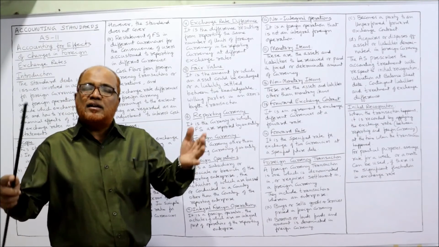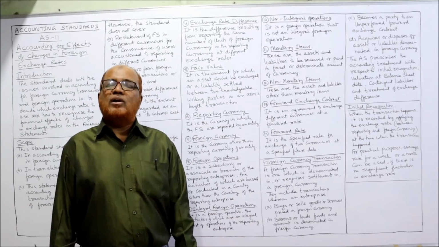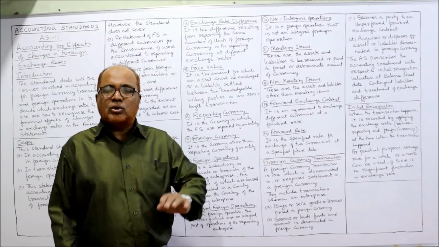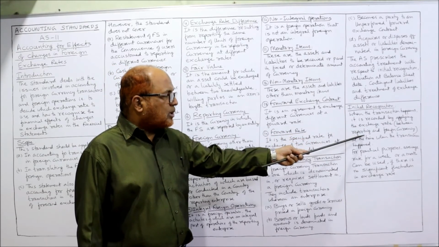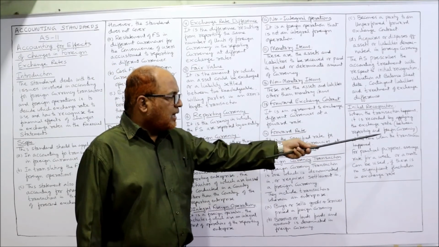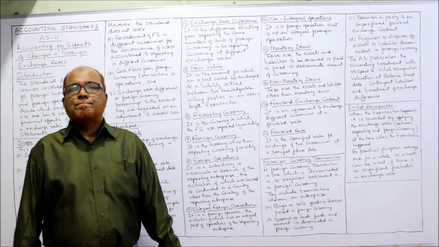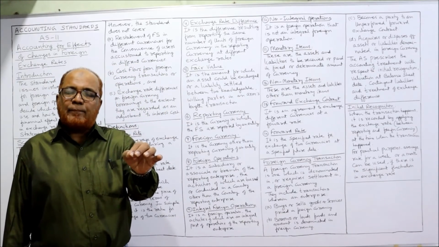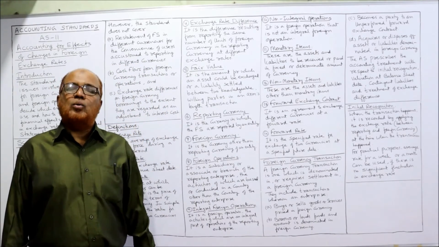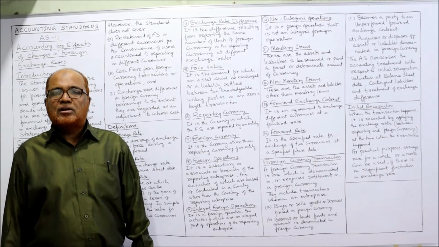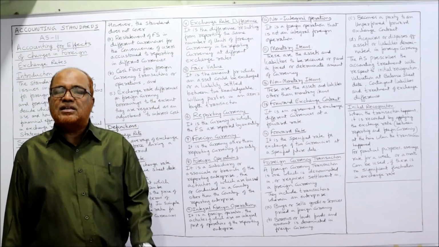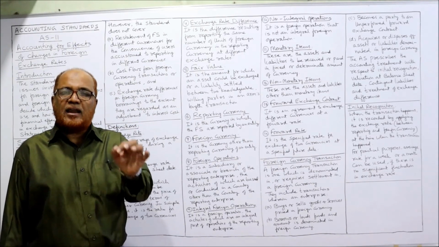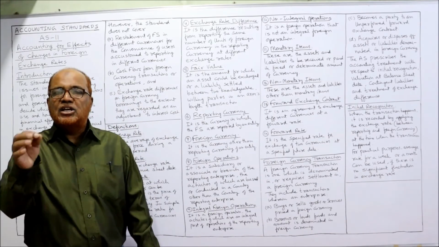The reporting entity is the Indian company, so we have to convert from dollars into rupees. It is recorded by applying the exchange rate between the reporting and foreign currency at the time when the transaction happened. So by applying that exchange rate, we convert one currency into another and record it at initial recognition.